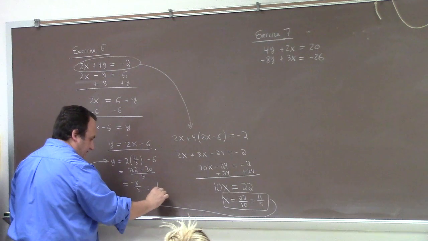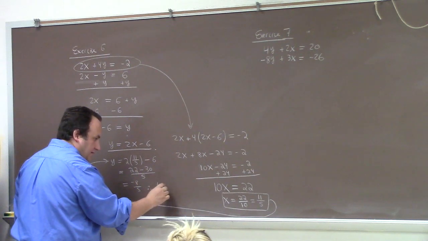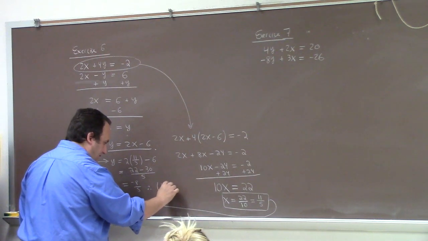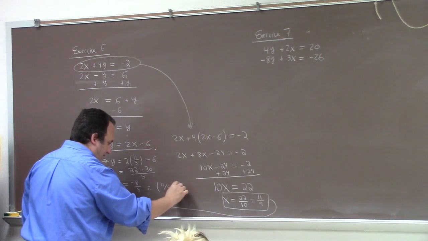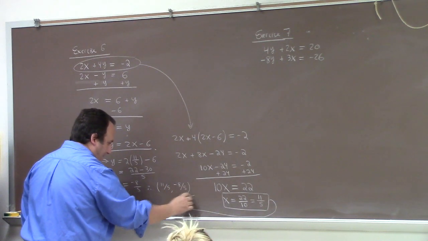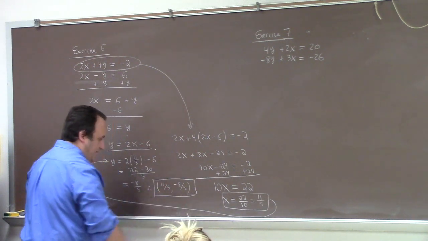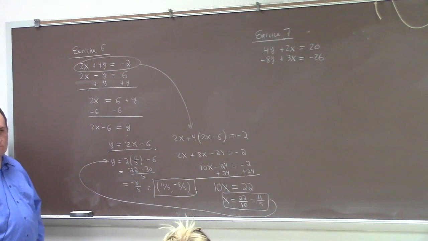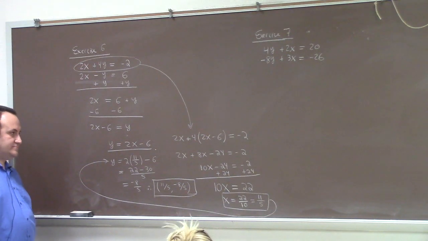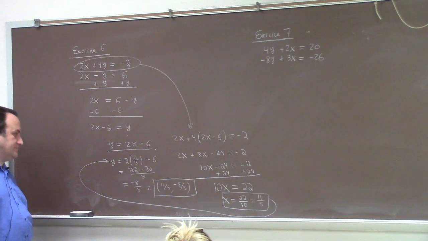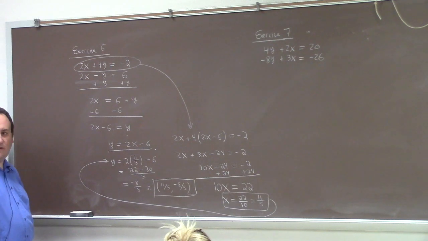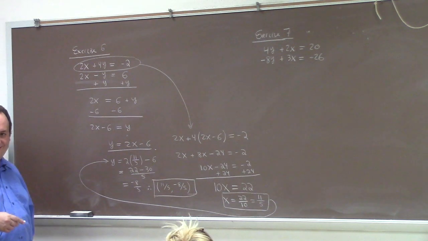So the solution is actually (11 fifths, minus 8 fifths). There's the solution. I understand. No, I actually understand. That's good. This is actually one of the problems in the homework, so that will help you since you haven't done it yet, right?